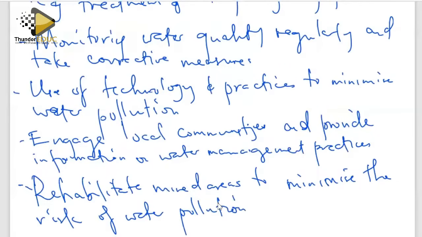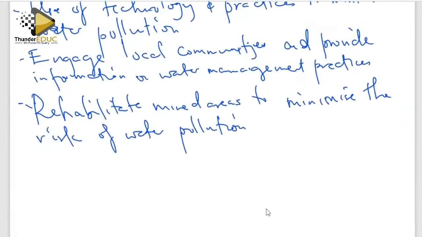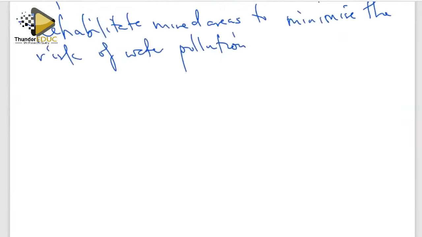Right, for that reason, rehabilitating mined areas: there are some areas that were formerly mined that are now disused, and because of the chemicals that were used in those areas and on those mine dumps, we tend to find that they continuously cause harm to the environment because of acid mine drainage. So as a result, those companies must rehabilitate those areas. They must find ways of rehabilitating those areas and make them environmentally friendly in a way that they do not continue causing harm to the water bodies.